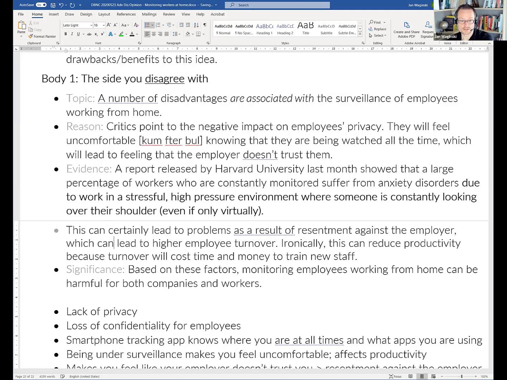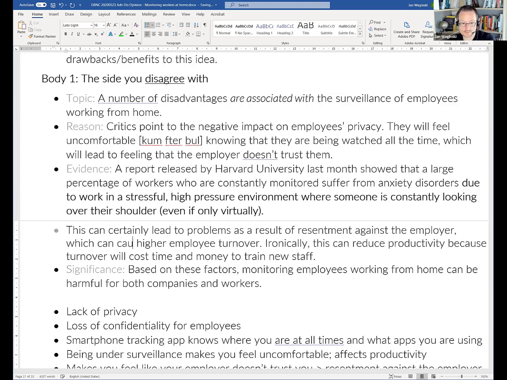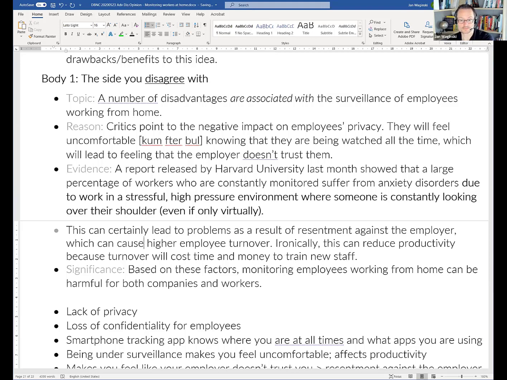It can certainly lead to problems as a result of resentment against the employer, which can lead to higher employee turnover. Ironically, this can reduce productivity because turnover will cost time and money to train new staff. Okay. Based on these factors, monitoring employees working from home can be harmful for both companies and workers.